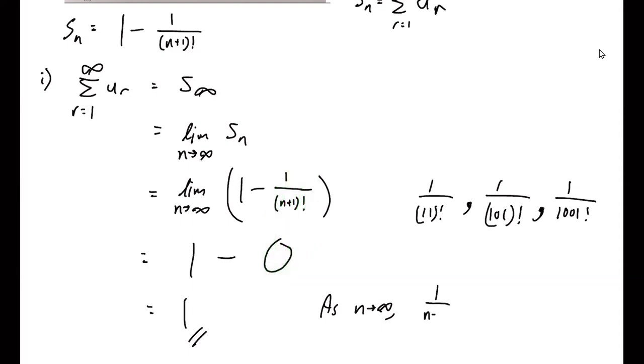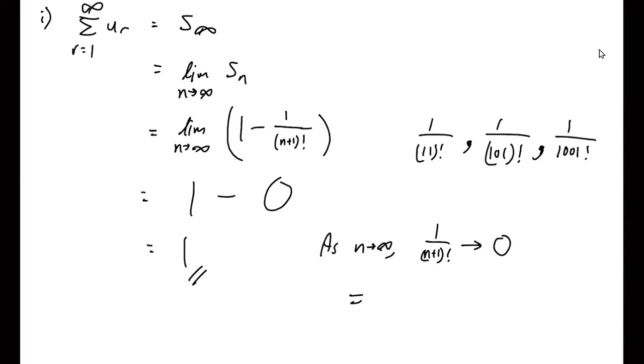The 1 over (n plus 1) factorial approaches 0, which means that 1 minus 1 over (n plus 1) factorial approaches 1. This equals S infinity, or using their notation, the sum of UR approaches 1. And that's the explanation.